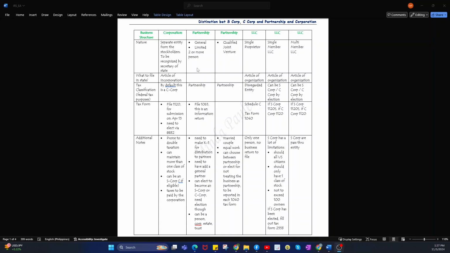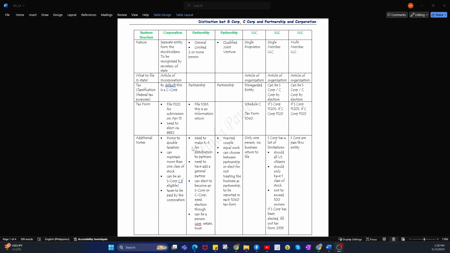In terms of tax form to be filed, it's 1065. This is an information return because the partnership itself will not pay taxes, but it will be the partners who are part of the partnership, and it will be through their K-1, which also needs to be issued by the partnership to the individual partner, in completing their tax form 1040.